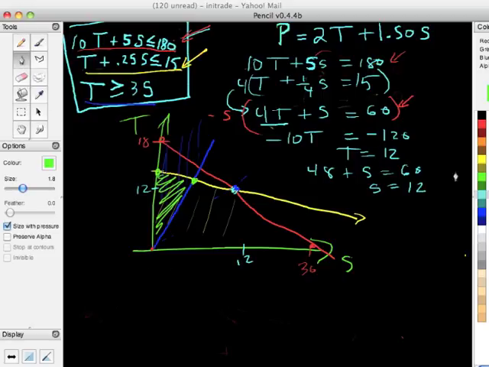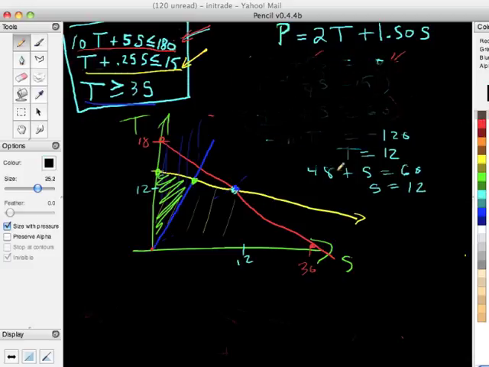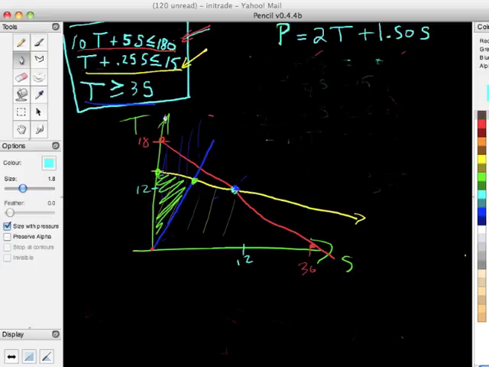So let me just erase this, as best I can. It's just like a regular blackboard, isn't it? So we're looking where yellow and dark blue intersect. So that's t equals 3s and t plus 1/4 s equals 15.